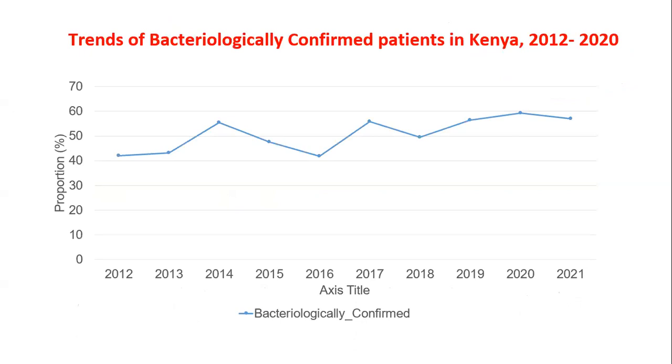So this is the trend of bacteriologically confirmed TB patients in Kenya between 2012 and 2020. Ideally, all TB patients need to be confirmed using AFB microscopy or GeneXpert. But the investigation of choice for the program now for Kenya is GeneXpert first, and if it's not available, you collect a sample and send for GeneXpert, but you can do a microscopy if it is available within the same facility.